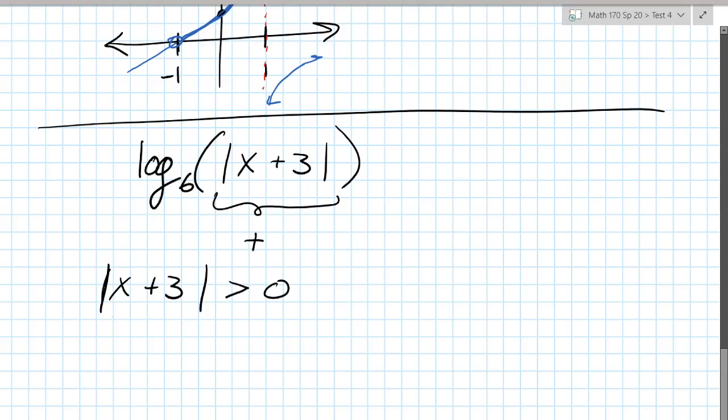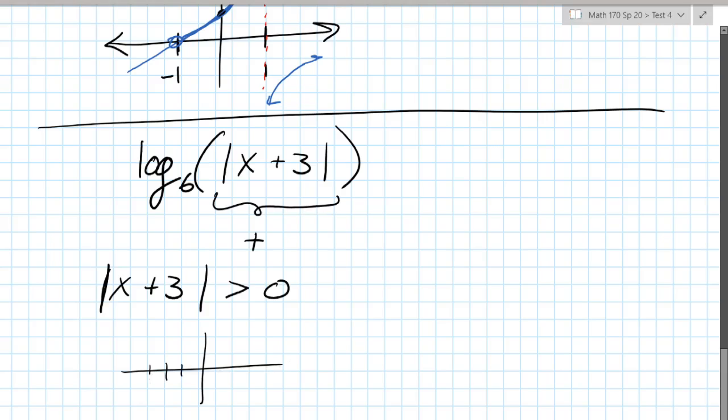Well, this is an absolute value function, and an absolute value always gives us a positive number or 0. So what would be a problem? It would be a problem if x is equal to negative 3.